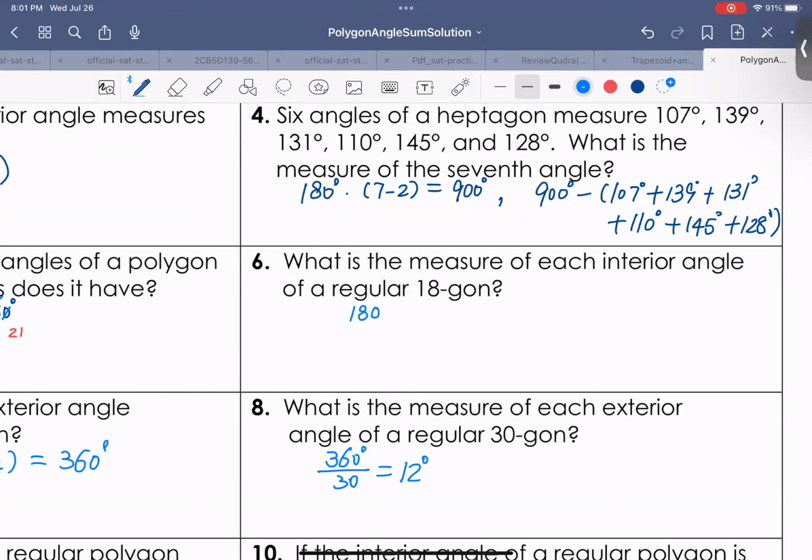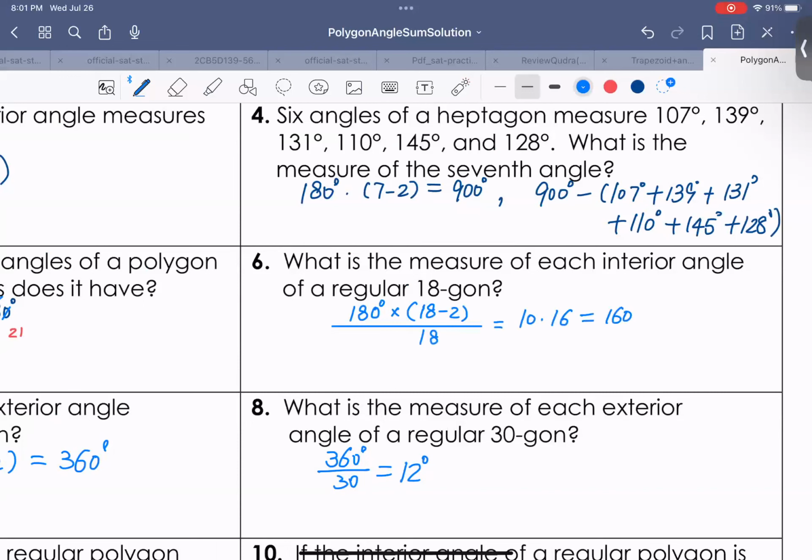Hey, hold on. It's 180 times 18 minus 2 over 18. Good. And this guy cancels this guy and becomes 10, right? A 10 on top. Yes. 10 times 16, right?